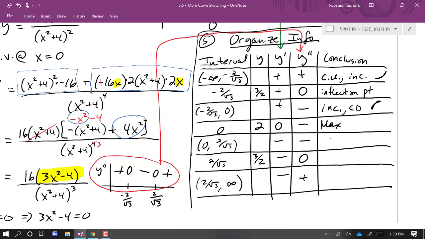What about the next row? Concave down, decreasing. Yep. So concave down decreasing looks kind of like this type of shape. Next row. That's our other inflection point. Good.